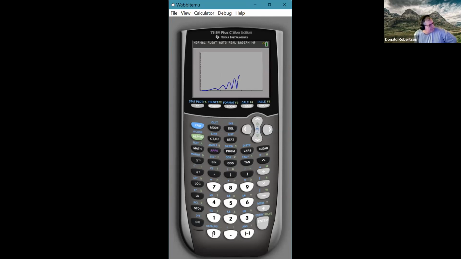It looks like a bouncing ball in reverse. Okay, so the integral that we're trying to do is the area under that blue zigzag curve. So what I now do to finish is blue button, calc, option number 7. The lower level is 0, enter, and the upper level is 6, enter.